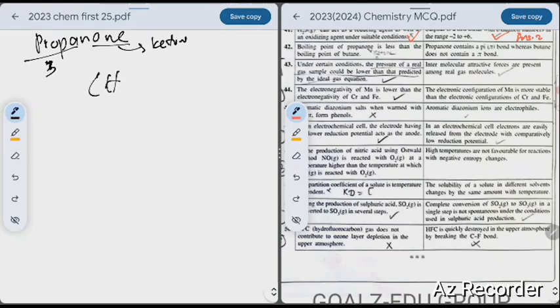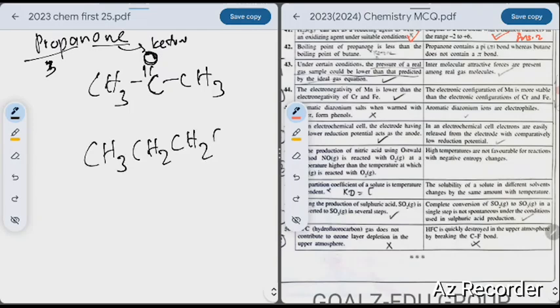So the structure will be like this. Propanone. Right. Next, less than the boiling point of butane. Butane means it is an alkane with 4 carbons. So this is the structure of butane.